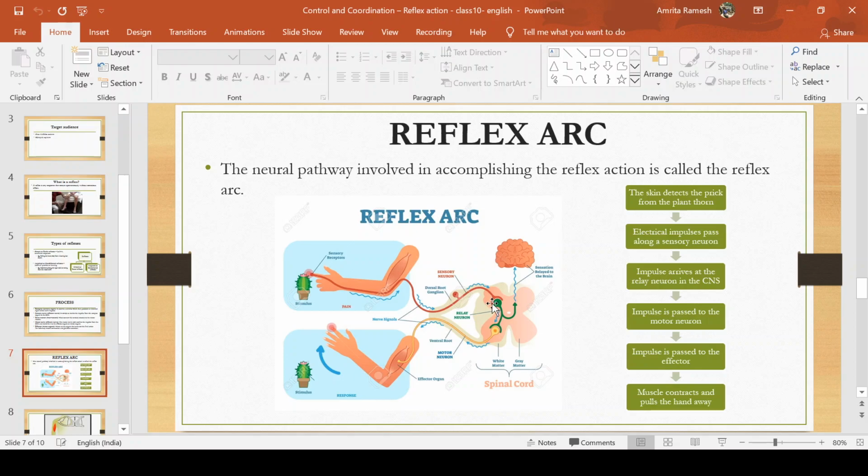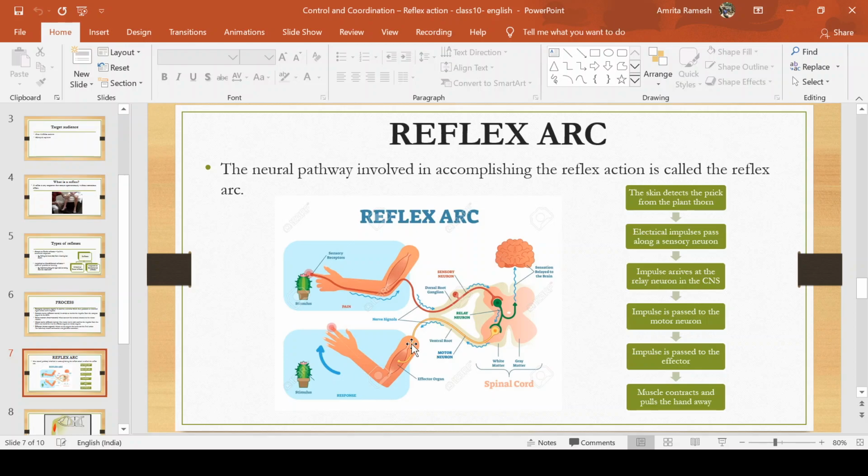Now, it has to be transferred to the motor neuron. So what happens? This message is transferred to the relay neuron, that is the interneuron, and the message is then carried back via the motor neuron. To which part? To the muscles in the hand. To do what? To quickly pull our hand back so that we don't get hurt.